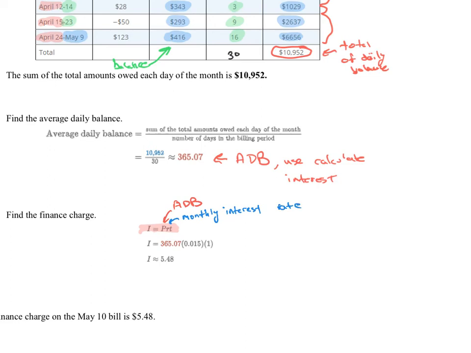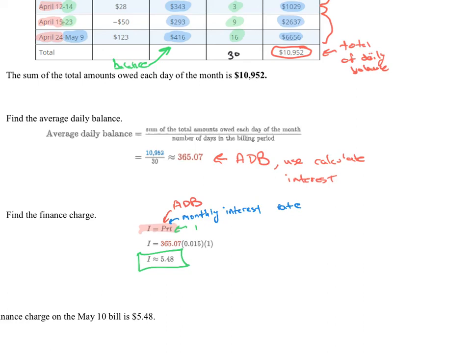And T here is always going to be the time period, which for credit cards is 1 month, so T is always going to be 1 here. So take your average daily balance times your monthly interest rate times 1 for 1 month, and that's going to give you your interest charge. So the interest charge or finance charge for this credit card would be $5.48 for this month.